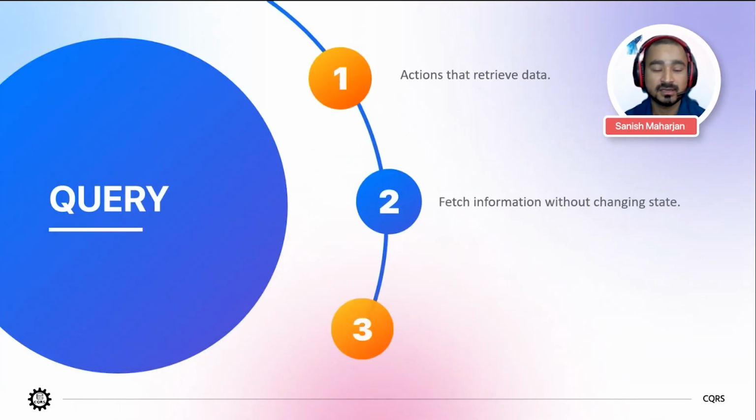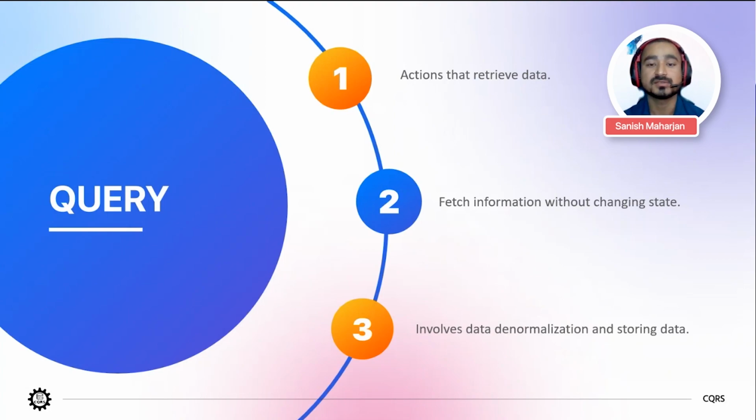So the query. As I've already talked about the CRUD operations, create, update, and delete go to the command section. The only thing that's remaining is retrieve, right? So it includes the actions that retrieve data from the database, whose only task is to fetch information without changing its state.